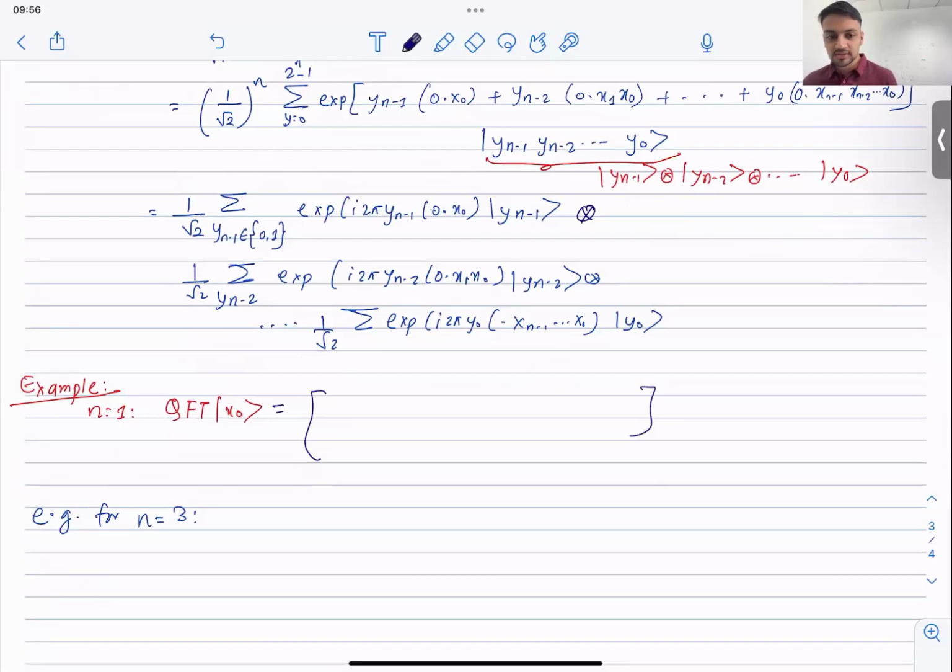So it seems like you might be slightly confused by what is going on here. But okay, let's look at an example. It'll just be 1 over square root of 2. yn minus 1 has two possible values, 0 and 1, right?